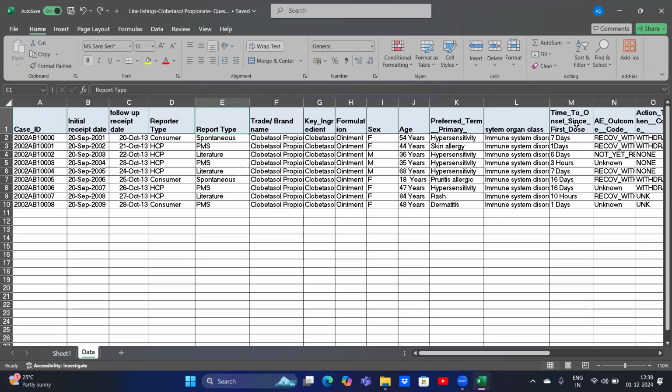Are we requesting line listing accordingly, or do we have to analyze based on the provided line listing? No, suppose your missing information is use in pregnancy population, right?